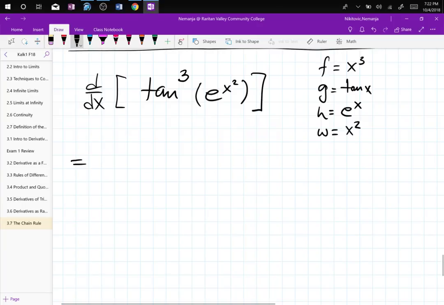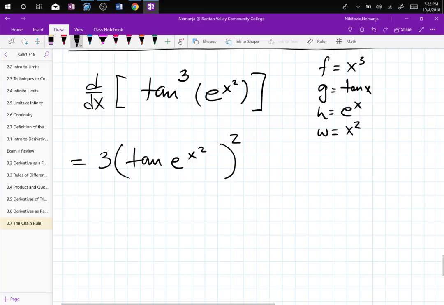So x cubed, that's 3x squared. Are we all clear on 3x squared? Now, what is that x? Tangent of e to the x squared. Yes.